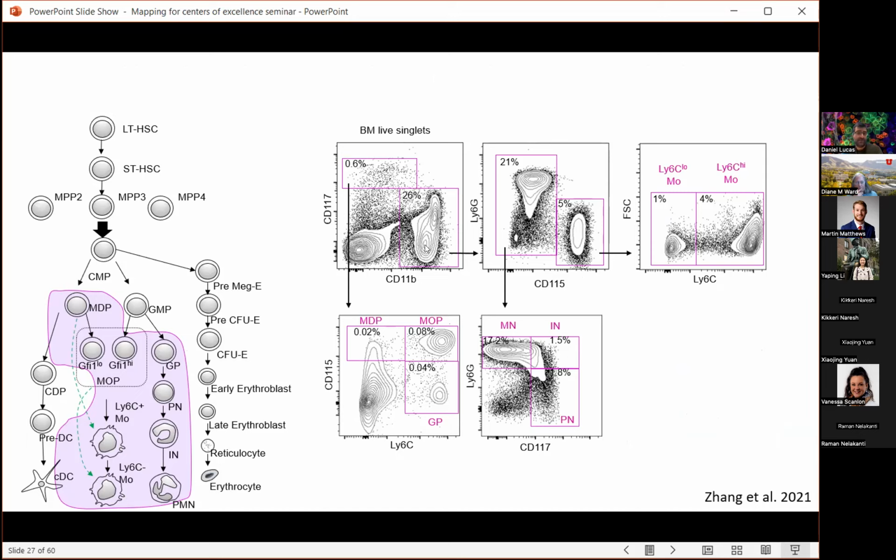For example, you can gate on CD11b negative cells and CD117 positive cells, and combine this with CD115 and Ly6C to get monocyte dendritic cell progenitors, monocyte progenitors, and granulocyte progenitors. But you then use CD115 and Ly6C again to identify monocytes and fractionate them in Ly6C high classical monocytes and Ly6C low non-classical monocytes.